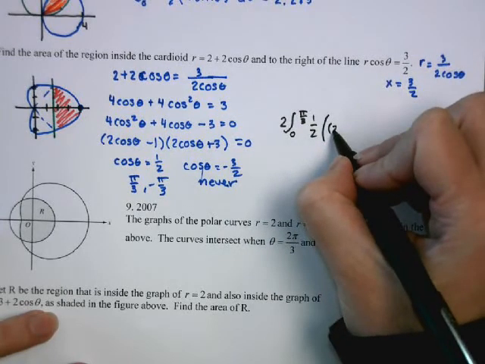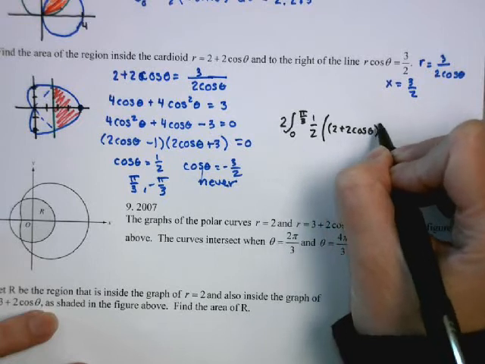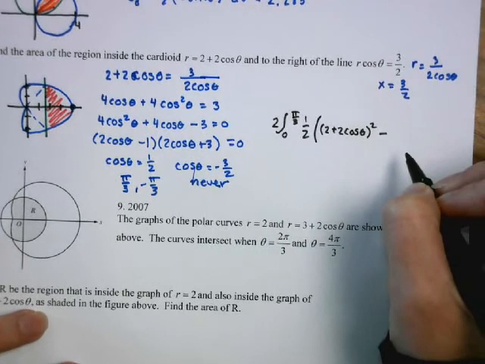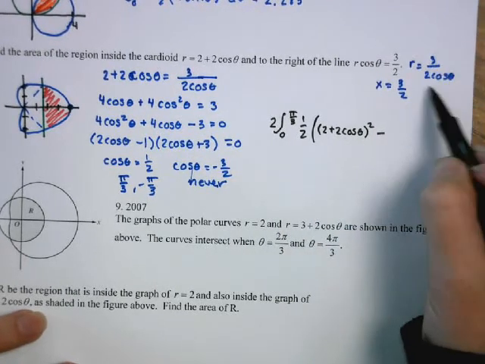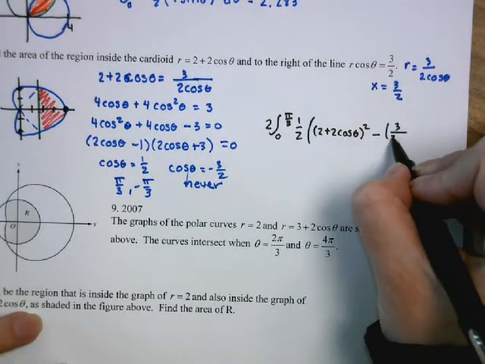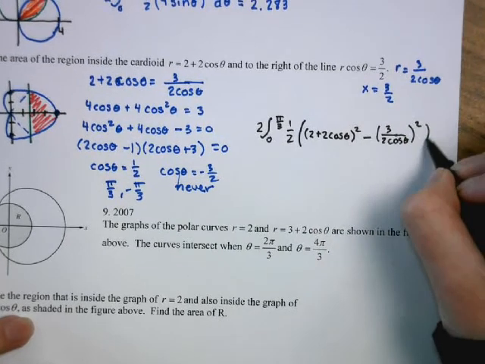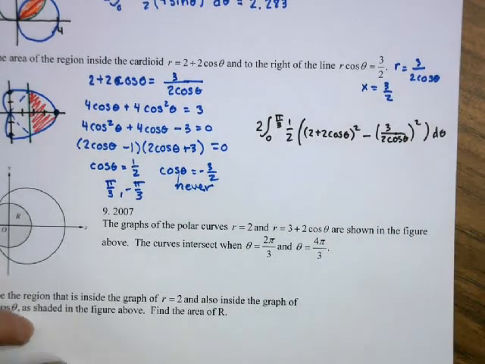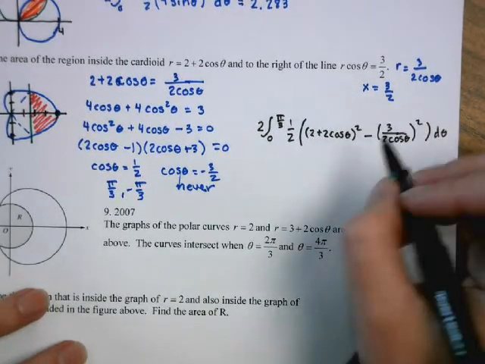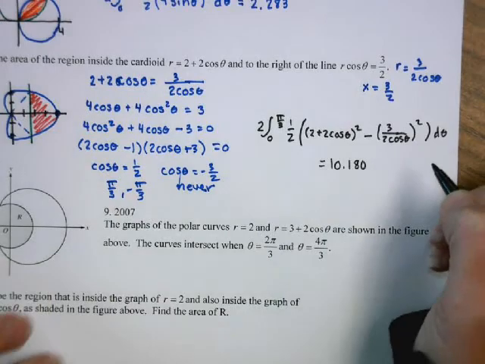So it's going to be the cardioid squared minus the line squared, so it's going to be this solved for r, and calculator says 10.180.